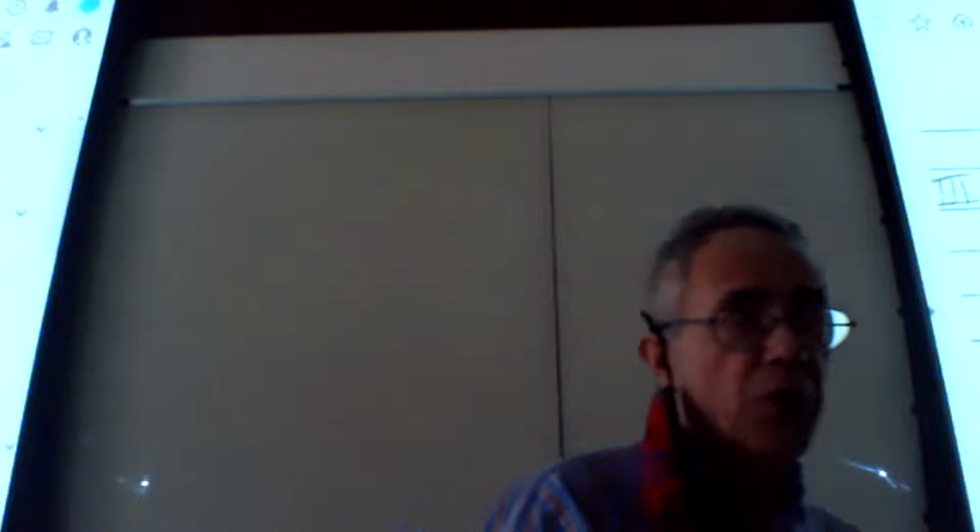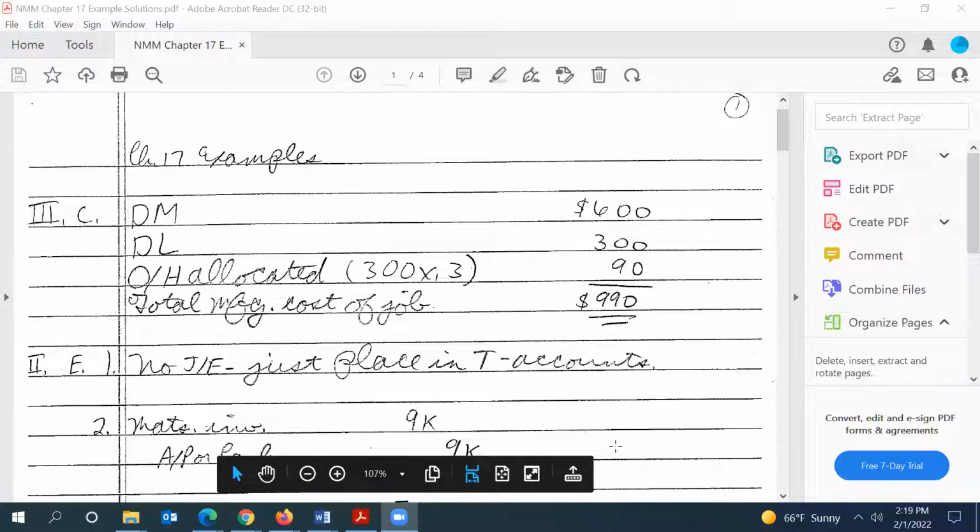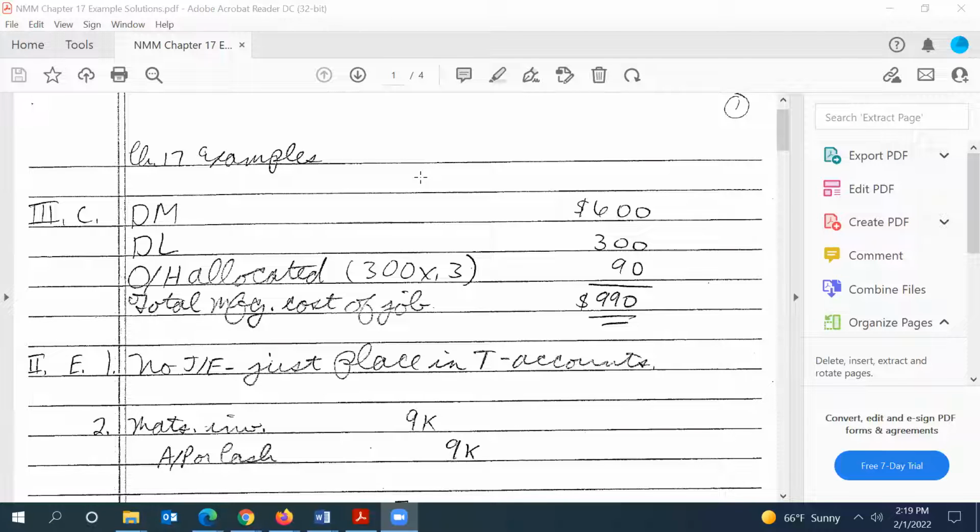Okay, sharing my screen, sorry about that. So the additional chapter 17 handout with the examples right here looks like this.